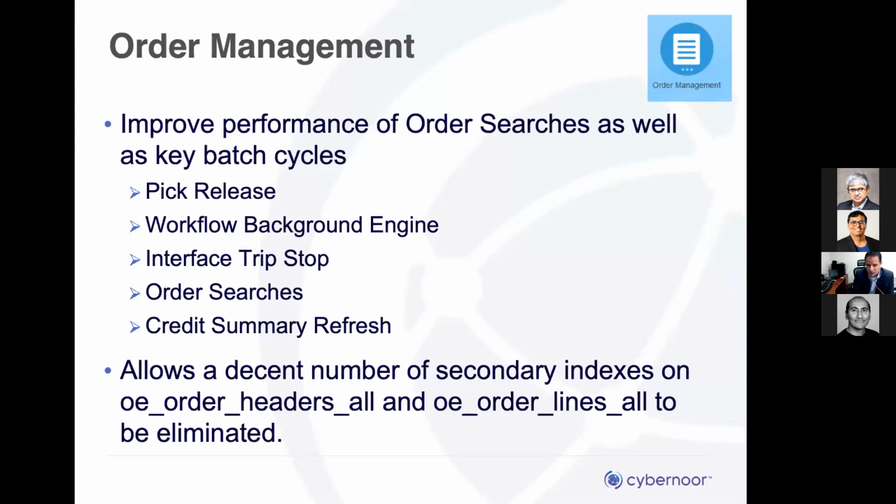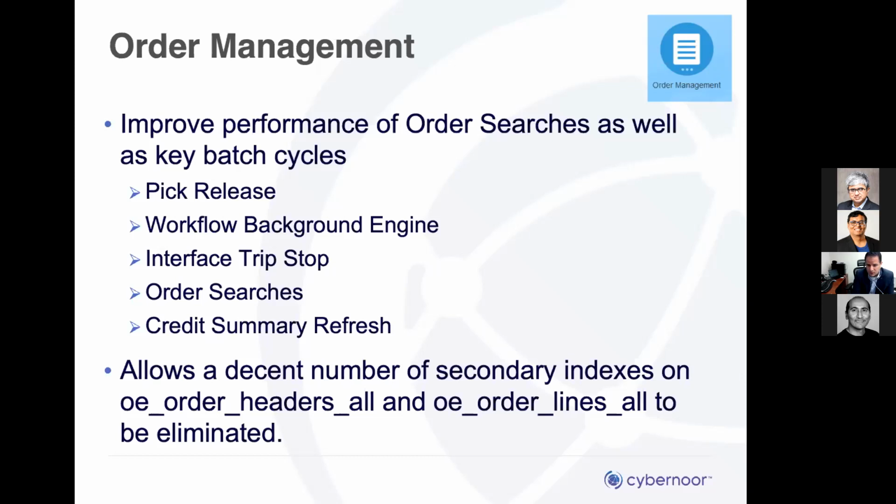The number of records it returns is very selective, but the filters that pick release uses, a combination of pick rules, all the open order lines, and which warehouse it's coming from, are not really selective or naturally indexable. And so what you typically have to do is scan through all the open order lines in the system. For a large shop, that can definitely be millions of order lines. And pick release would be something that's running in the background all the time.